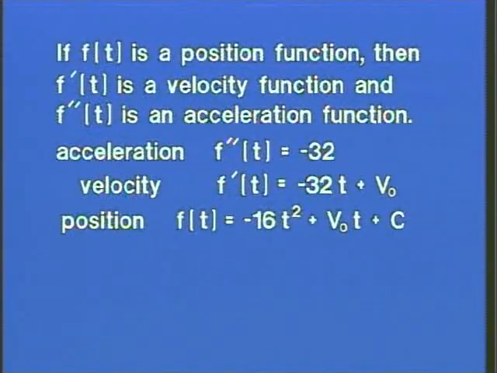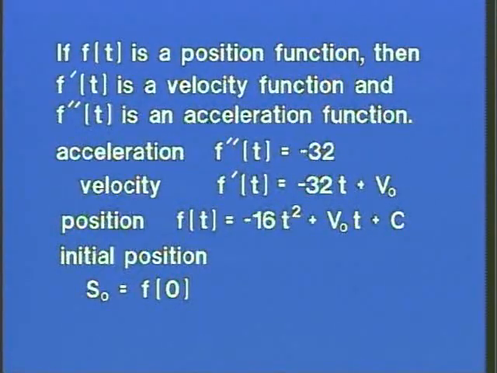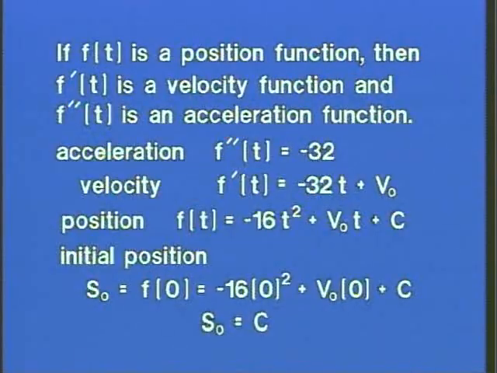So we can say that the initial position is s0, and s0 is f of 0. So f of 0 means replace t with 0 in our position function and evaluate, and the two terms go out leaving c. So c is equal to s0. And that just means that we replace c with s0, and here is the position function that we were trying to derive earlier.